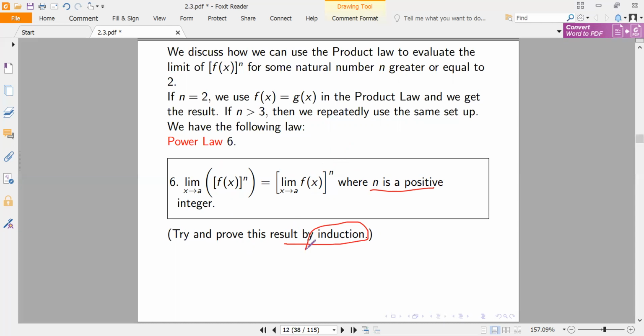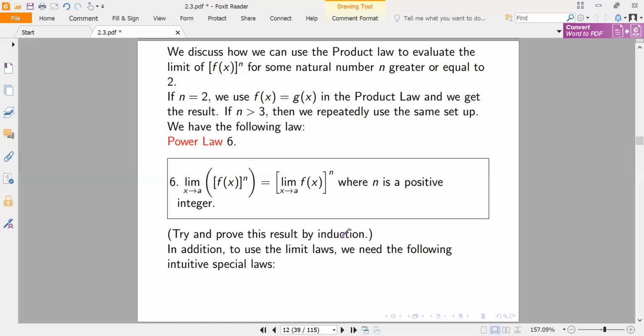I'm not going to get into this because it's a whole different topic of proving by induction. So I'm going to leave that. If you want to know what proving by induction means, that will benefit you very much, so you can go and look at it.